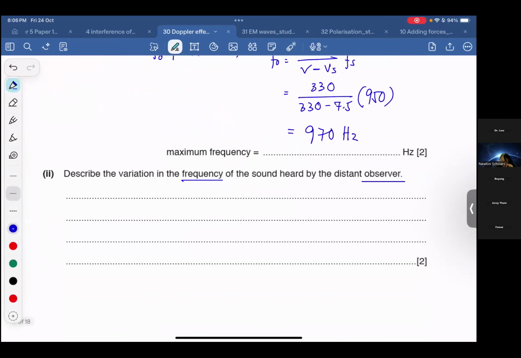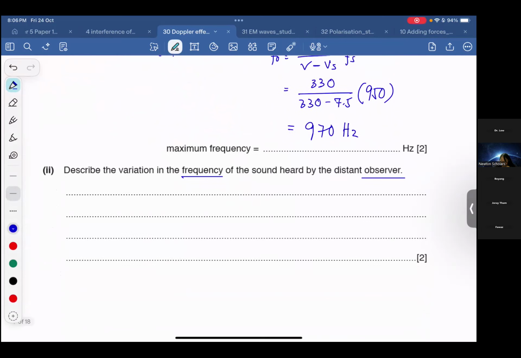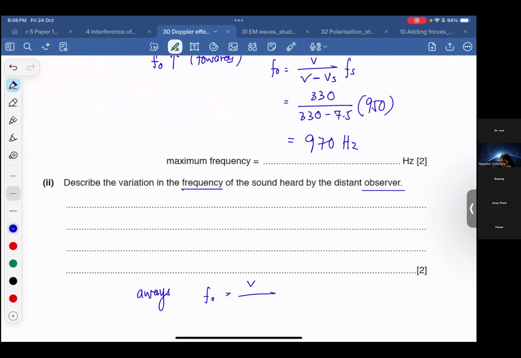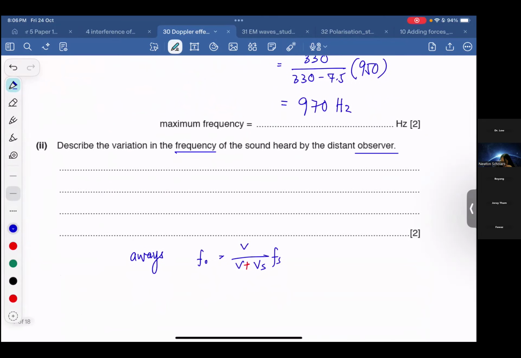So when away, what happened to your frequency? Just now it was towards. Now if away, V over V, Vs, Fs. Away, we should use plus at here. Okay, count for me. If it is away, what happened to your frequency?